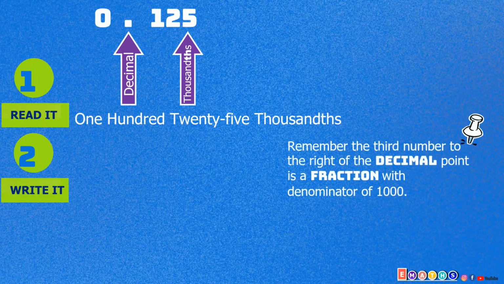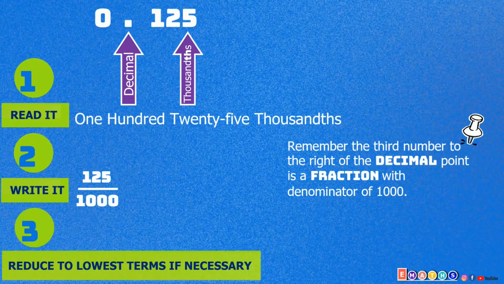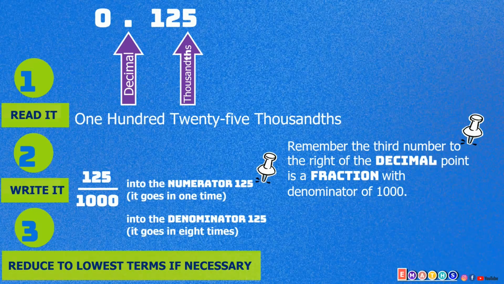Write it. Remember, the third number right of the decimal point is the fraction with denominator of 1,000. 125 thousandths. Reduce to lowest term if necessary.